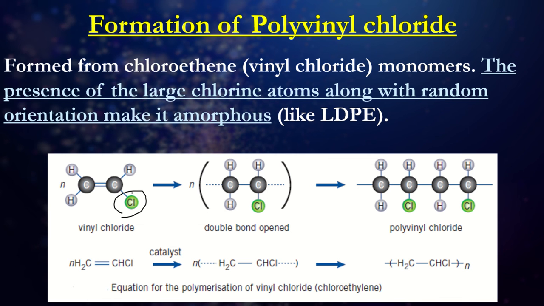The reason being, and this diagram doesn't really show it very well, chlorine is a much bigger atom than hydrogen and carbon. So if you try and picture the formation of this polymer, when it's creating its actual chain, this is one big element that's sort of there. The fact that it's really big makes it really difficult to build a long chain, because you have this really big atom blocking everything.